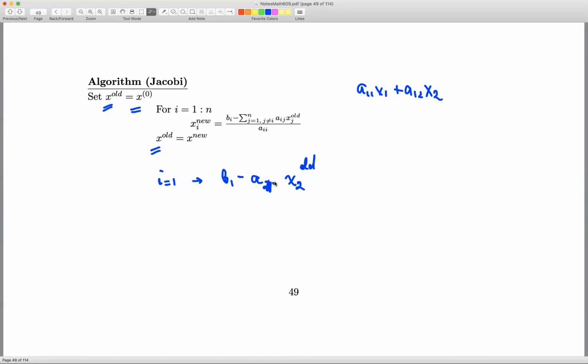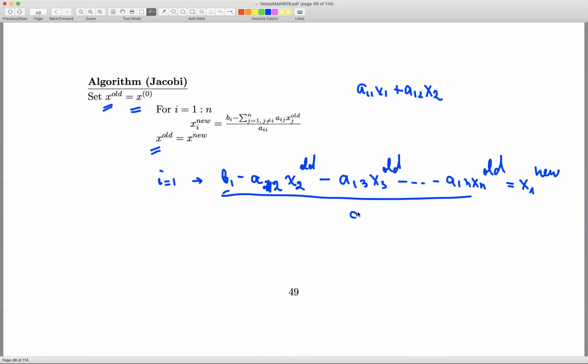So I will have a12, and then minus a13 x3 old, and then minus, and so on, a1n xn old. So this is how the first component will be. This is the x1 new, and then this whole thing will be divided by a11.